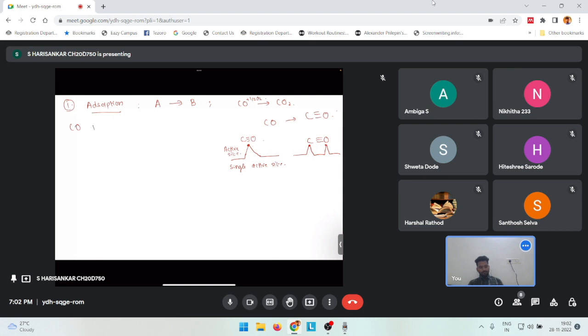CO will get adsorbed onto a single active site to give you COS.